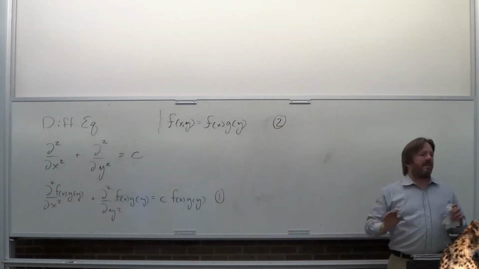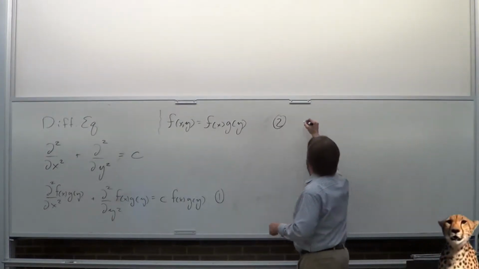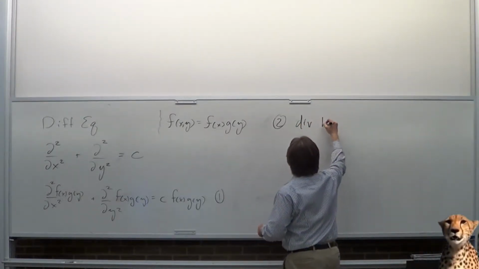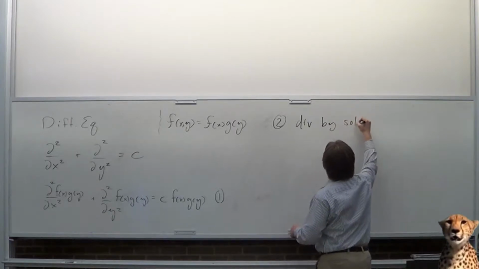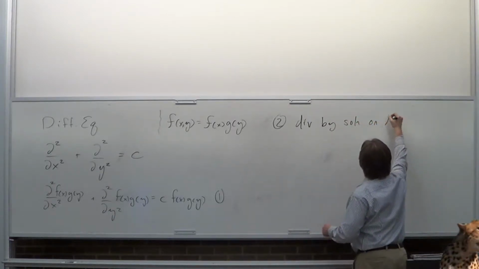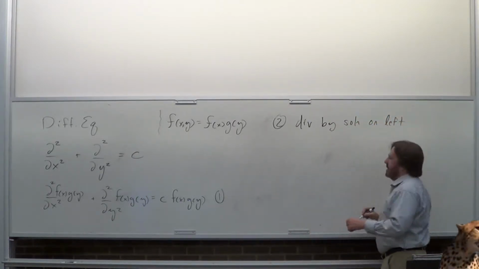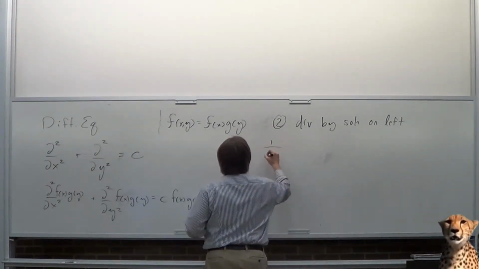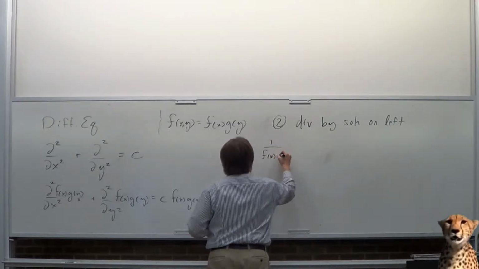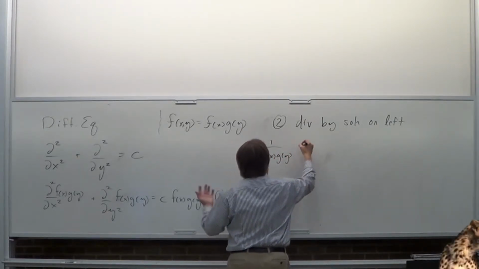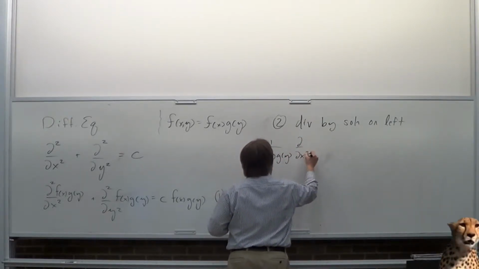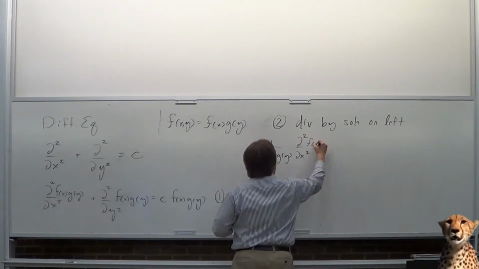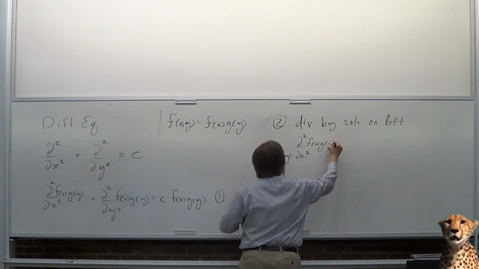The second step to solving this bad boy is then divide by the solution on the left. Okay, that's like, what the hell does that mean? Here, let me show you. It's very simple. Okay, f of x, g of y. This is the left side, and f of x, g of y, and then you do that again.